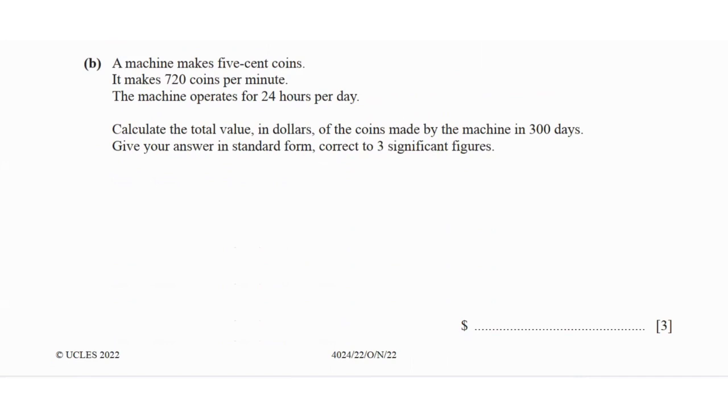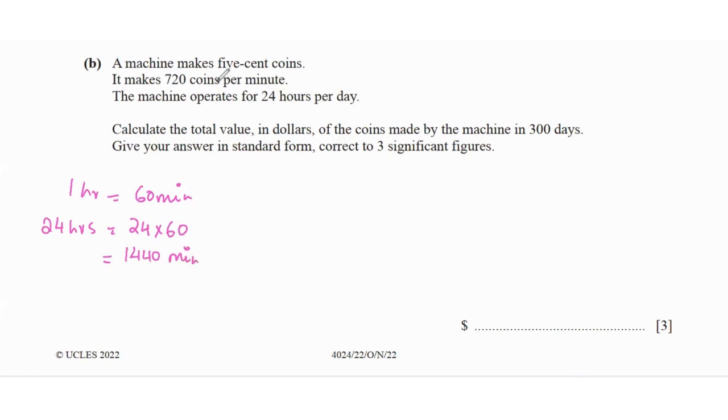Okay. So the machine is making 720 coins per minute, and the machine is operating for 24 hours per day. So 1 hour has 60 minutes. 24 hours has 24 times 60, which is 1,440 minutes.